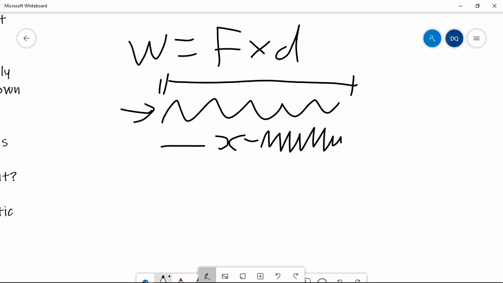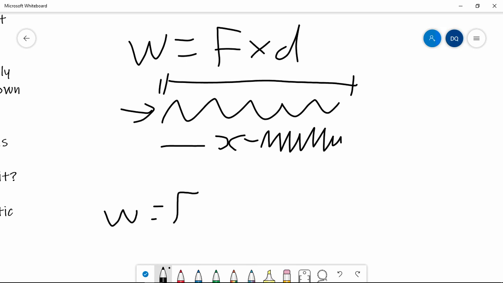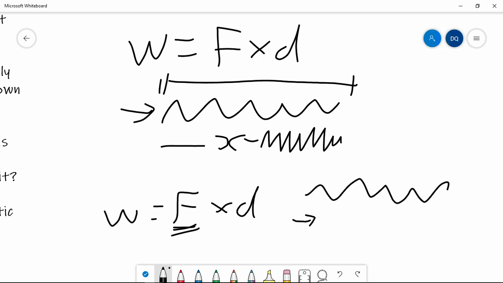The reason why we can't simply say that the work is equal to the force times the distance is that force is not constant. If you have a spring, it takes a tiny little force to compress it a little bit, but it takes a much greater force to compress it a lot. You know that from pushing on a spring or pulling an elastic.